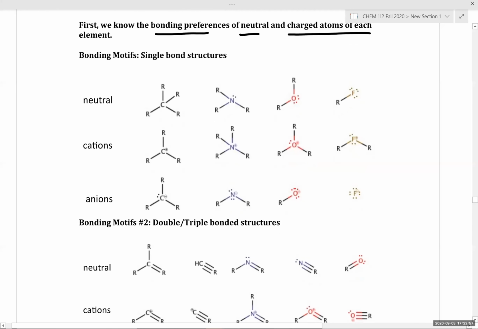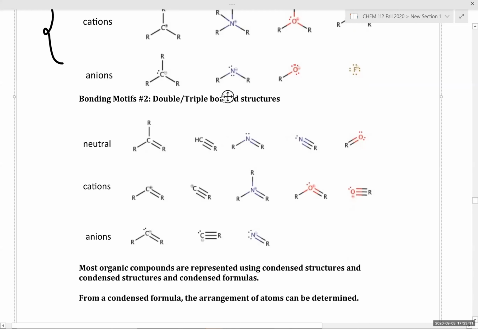So continuing on, we have different bonding motifs for our neutral, cationic, and anionic species for each of our atoms. So we have each of these single bonded motifs. I've also provided a list of double or triple bonded motifs for carbon, nitrogen, and oxygen for neutral, cationic, and anionic species.